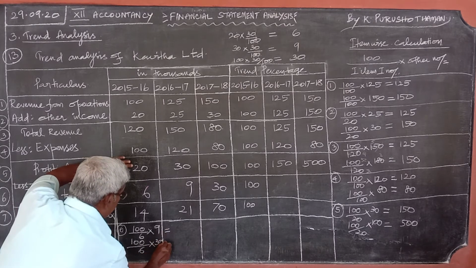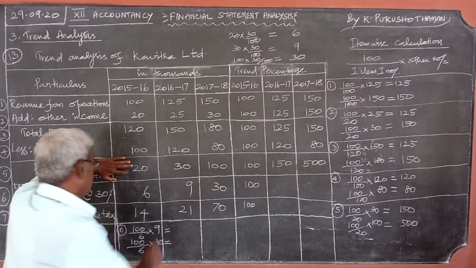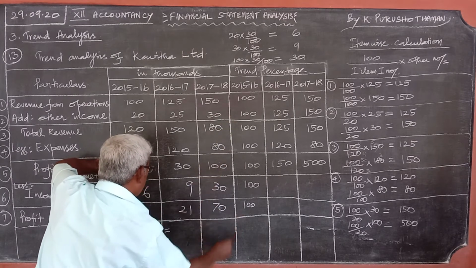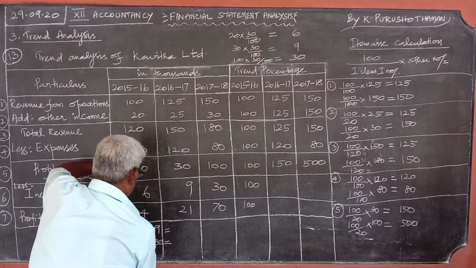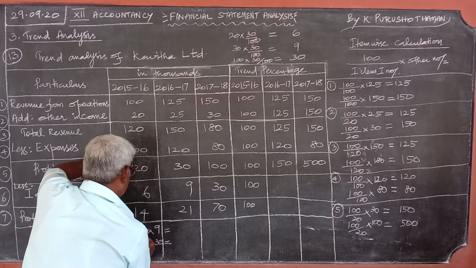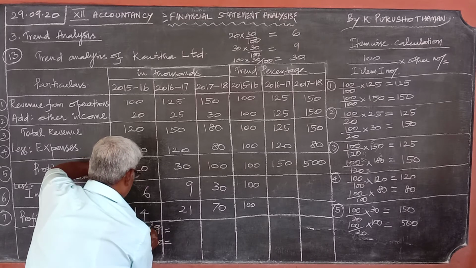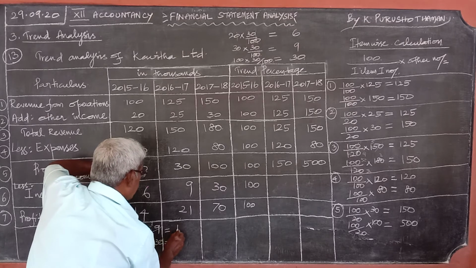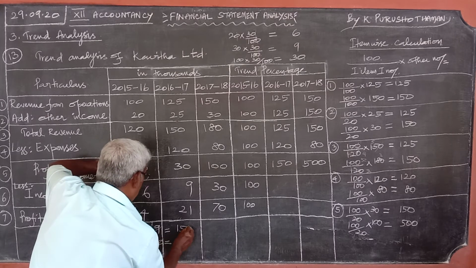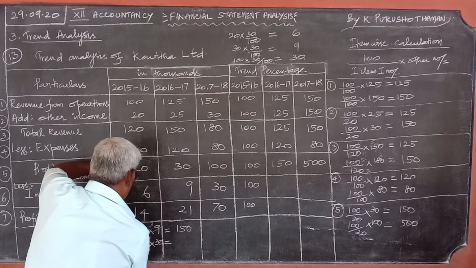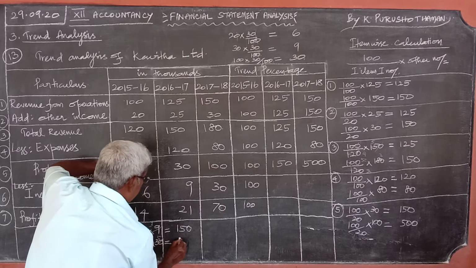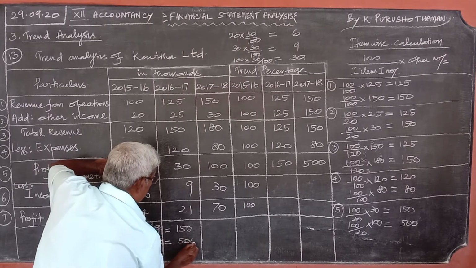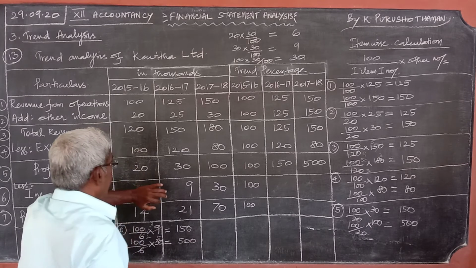We should calculate and write, because for the first year we have written everything as 100. 100 by 6 into 9, you simplify. This is 3, this is 2, 50. 3 into 50, 150. Then 5, 6 or 30, 5 into 100, 500. So 150, 500.